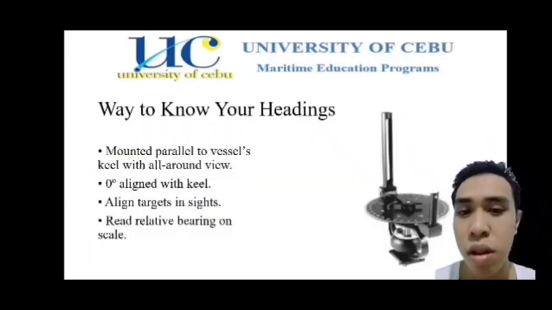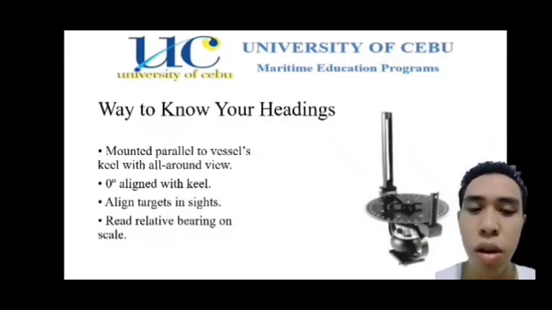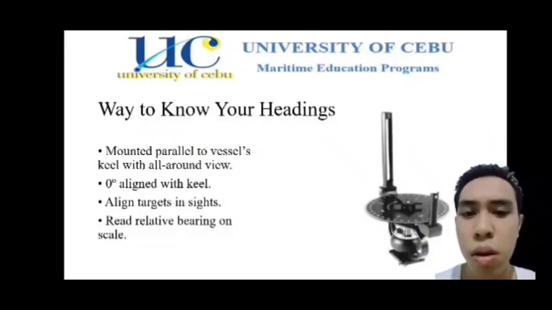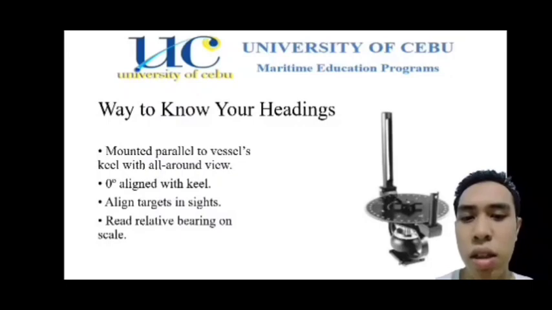Next is another way to know your heading. First, the device is mounted parallel to the vessel keel with an all-around view, with 0 degrees aligned with the keel. Align the target in sight and read the relative bearing on the scale.